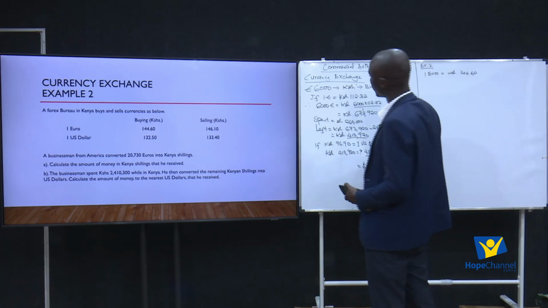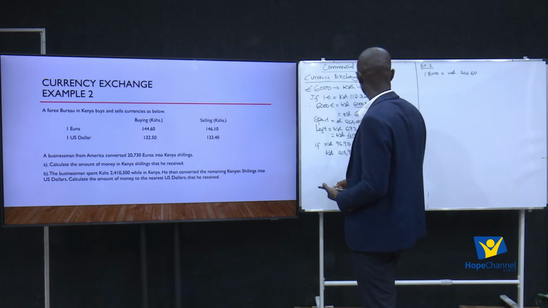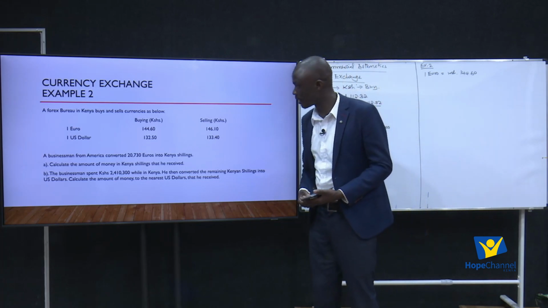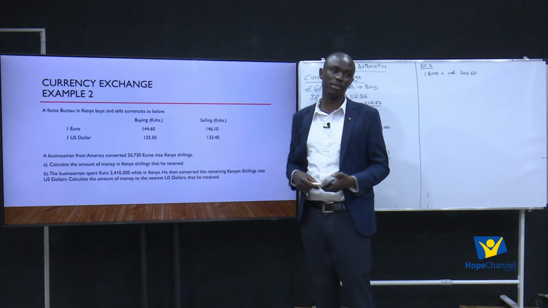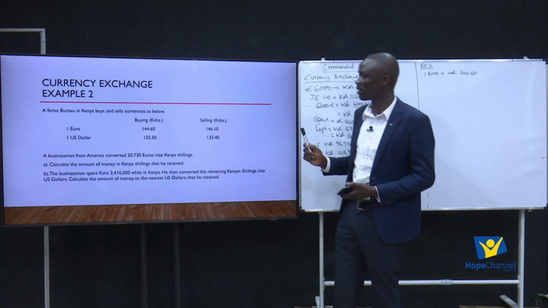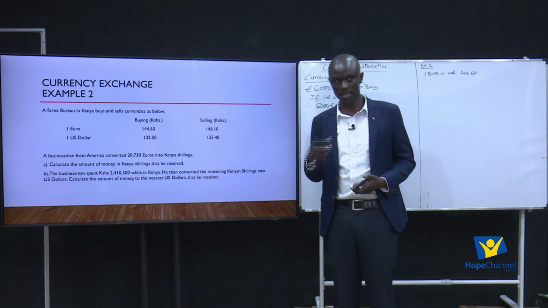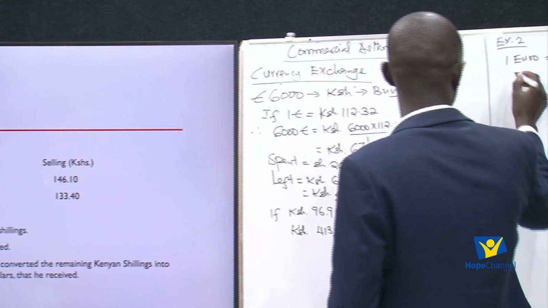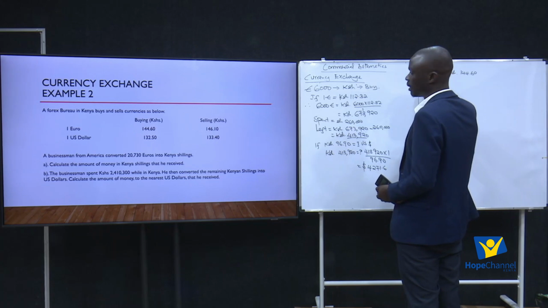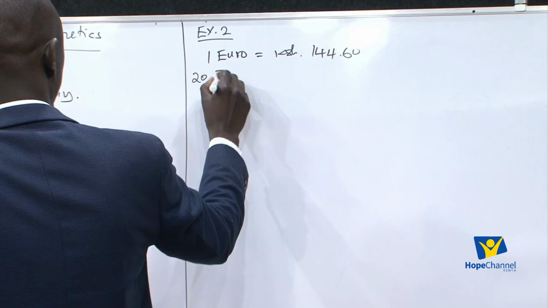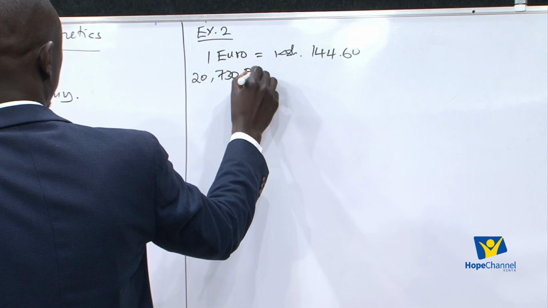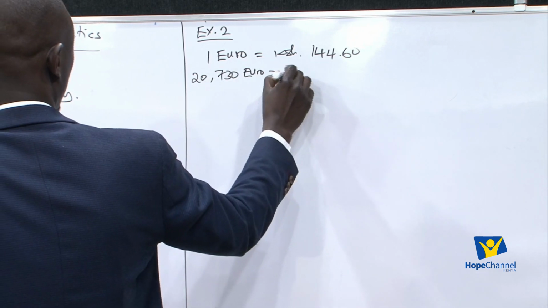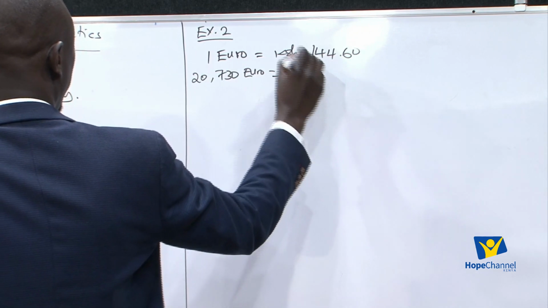Because when you have the foreign currency and you go to the bank wanting shillings, the bank will buy those foreign currencies from you. So what about 20,730 euro? This one will give us how many Kenya shillings?